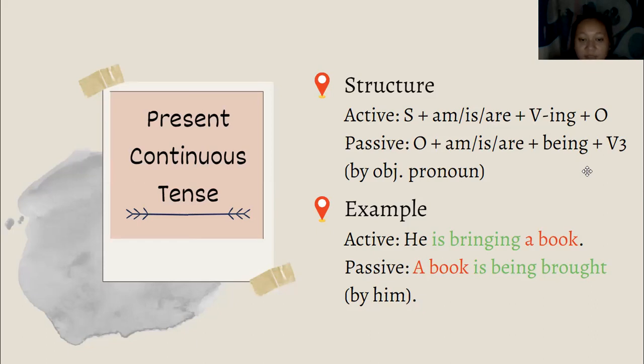The example of the active one is he is bringing a book. If we change it into passive, the sentence will be a book is being brought by him. Okay, let's go to the next slide.